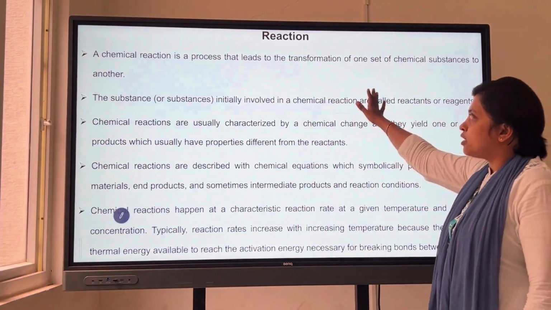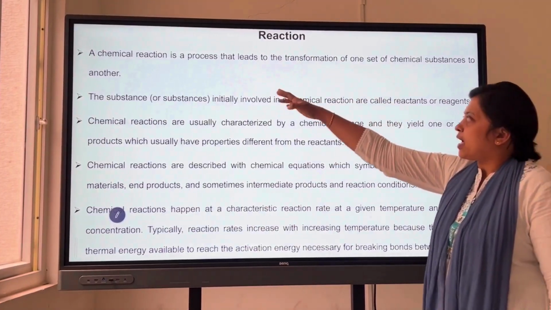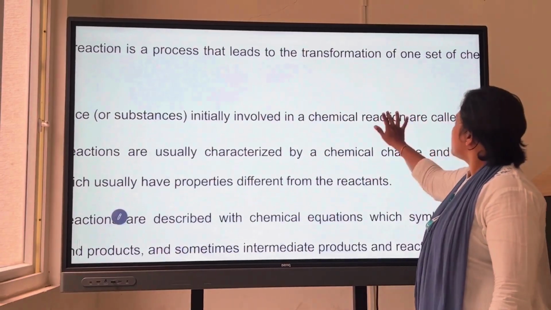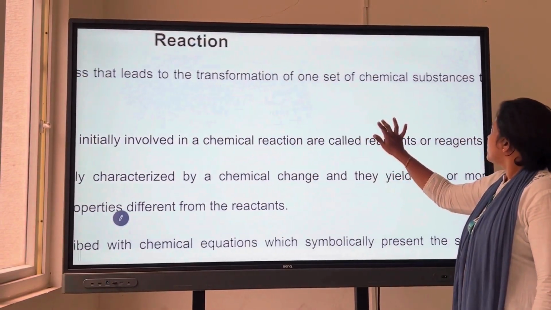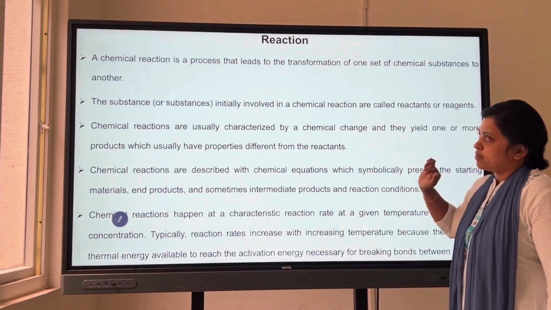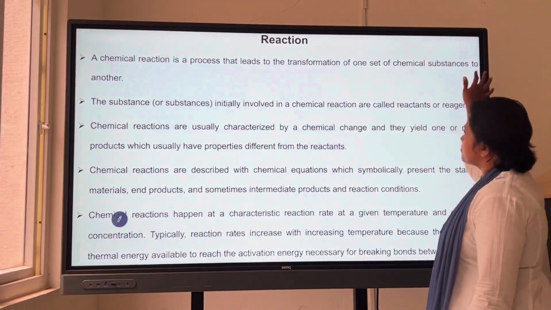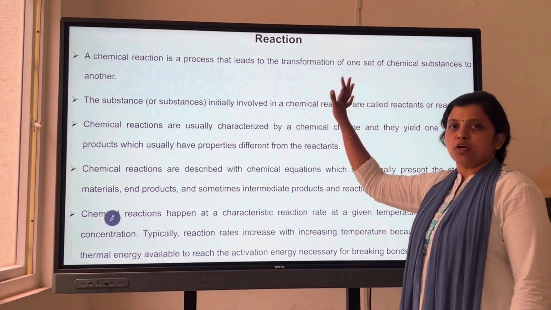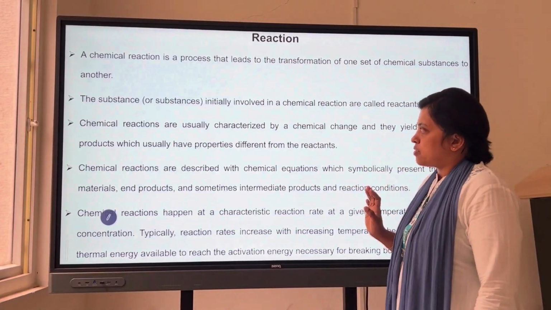The same thing is mentioned here also. A chemical reaction is a process that leads to the transformation of one set of chemical substances to another. This process of transformation is what we call a reaction.